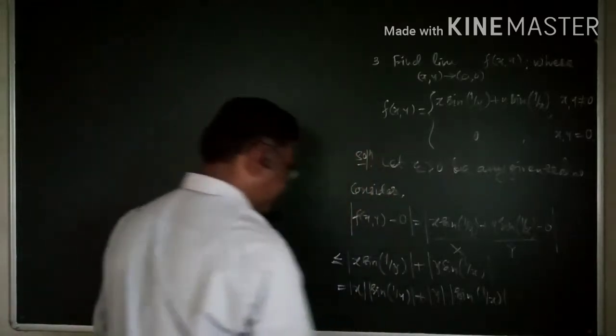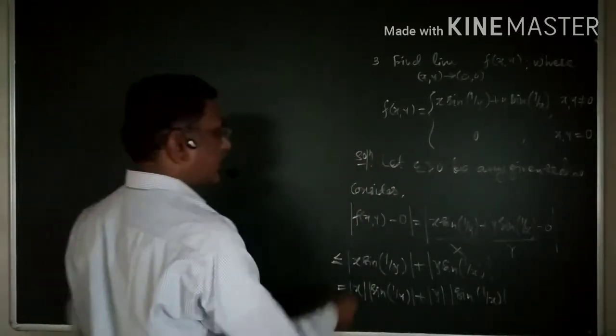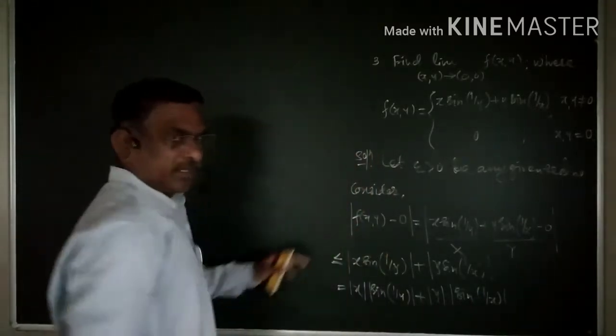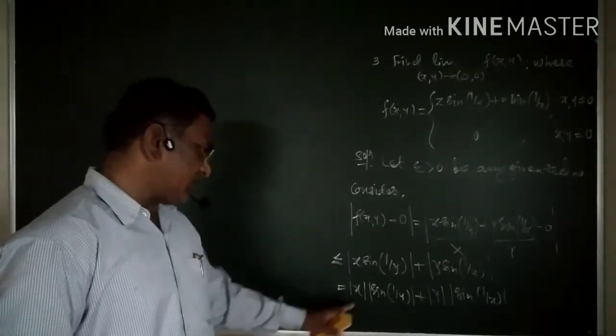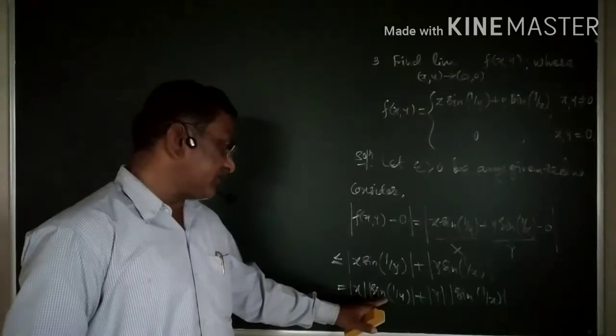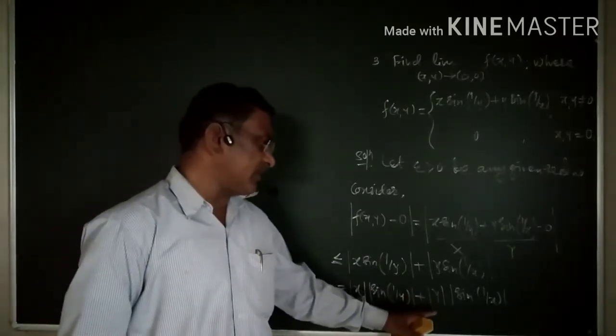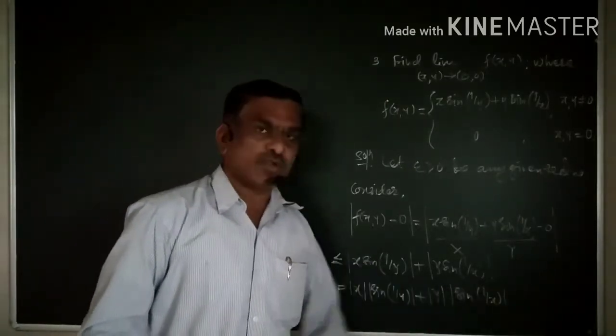This is what we have. That means absolute value of f of x, y minus 0 is less than or equal to absolute value of x into absolute value of sine 1 over y plus absolute value of y into absolute value of sine 1 over x.